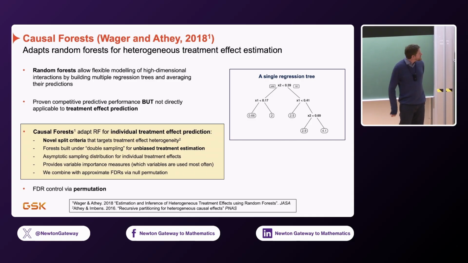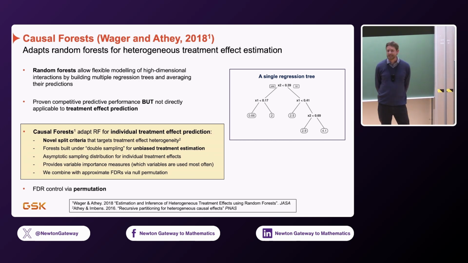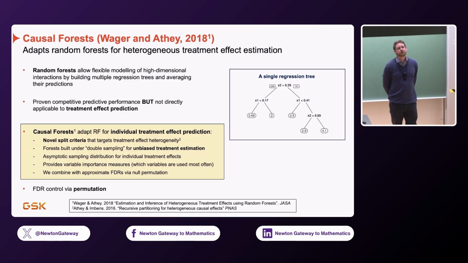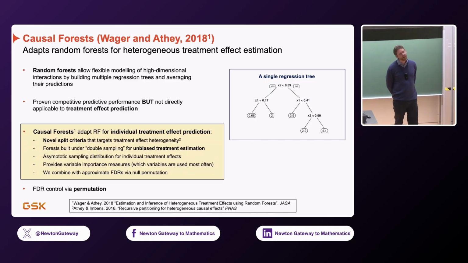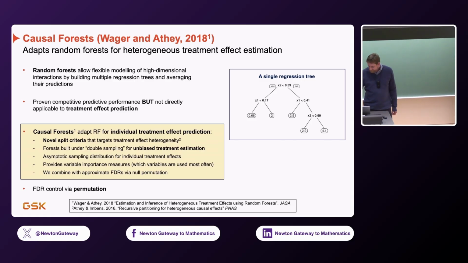Within each of the branches, within each of the partitions, you would calculate a treatment effect, and you're trying to optimize for maximum variability in that treatment effect across the partitions. Hopefully that's somewhat intuitive as to why this works, because it means you're explaining variability in the treatment effect.